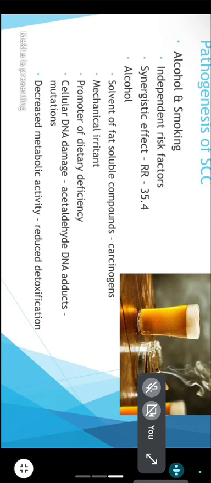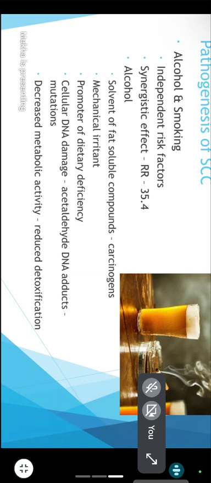So how does alcohol come across as an etiological factor? These are the different mechanisms told. One, it acts as a solvent for these carcinogens, so that's why the synergistic effect comes with smoking. That is, solvent of fat-soluble components. It is a mechanical irritant in itself. Promoter of dietary deficiencies: people who tend to drink a lot sometimes don't eat good food either, and thus tend to have a dietary deficiency too.